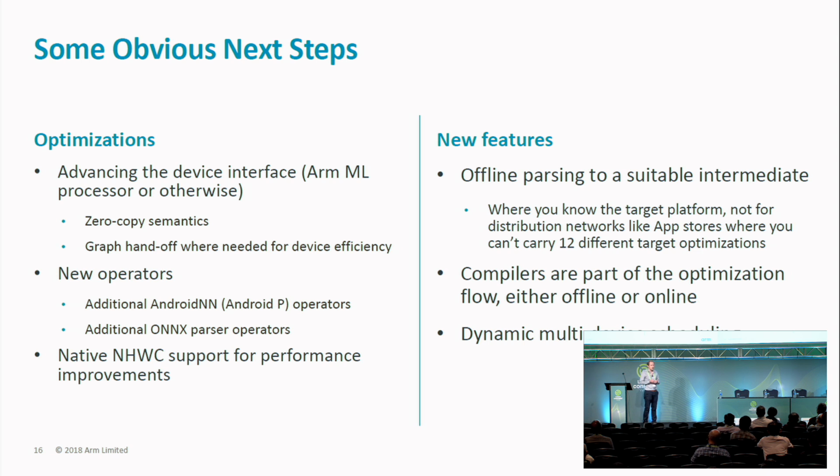And then in terms of new features, working with offline parsing to some suitable intermediate form. One of the problems you have is if you try to optimize all the way down to your target, and you don't know what your target is because you're running across multiple different end devices, multiple different phones, for example, then you can't do that.